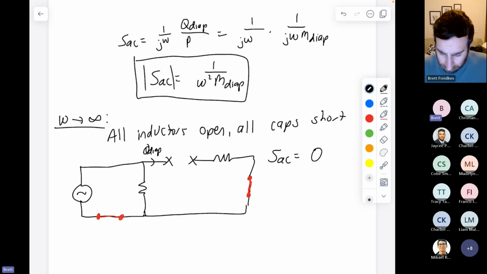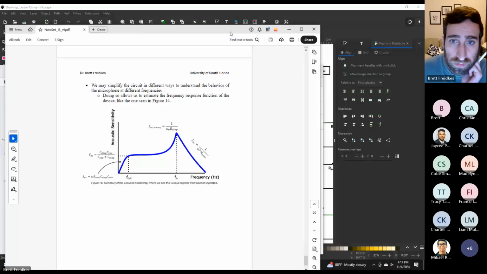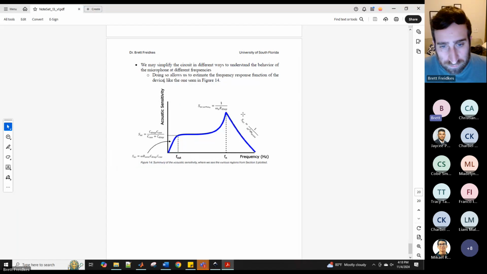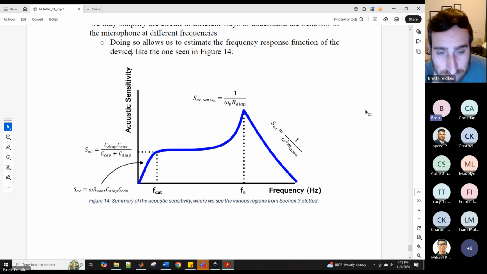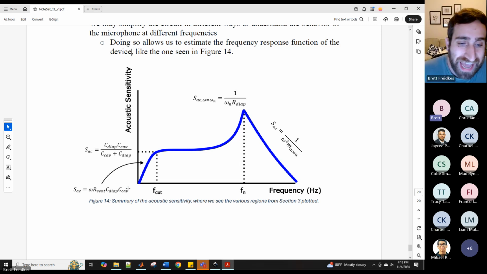So in the notes, I show a picture. Maybe I'll just go ahead and show it. Can you guys see this? You see the graph? Yes. Okay. So we see that we have this linear region which we derived that leads up to the cut-on. In the bandwidth, we have an approximation for what our sensitivity is.